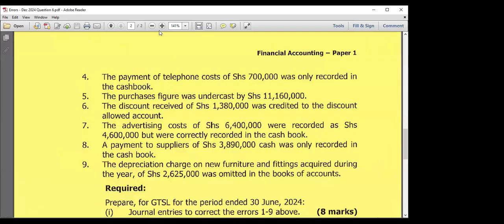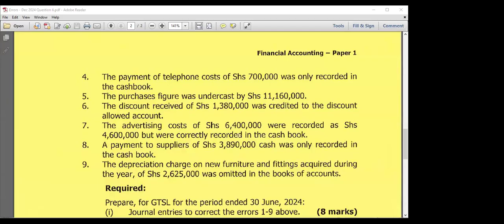Always when you're dealing with an error, ask yourself, what was supposed to be done in the first place? Put that in your mind. What did they do instead? If it was right, no correction. If it was wrong, how do I correct that? So in that particular scenario, this doesn't affect your trial balance. You correct those two accounts.